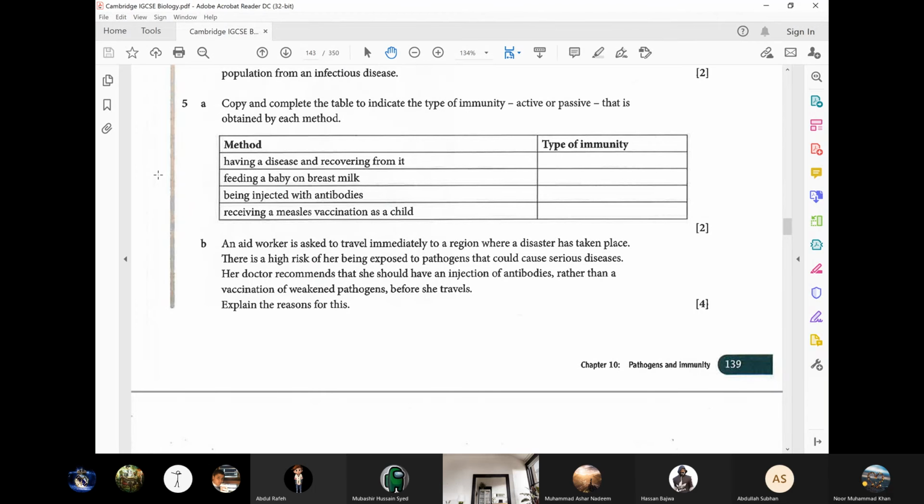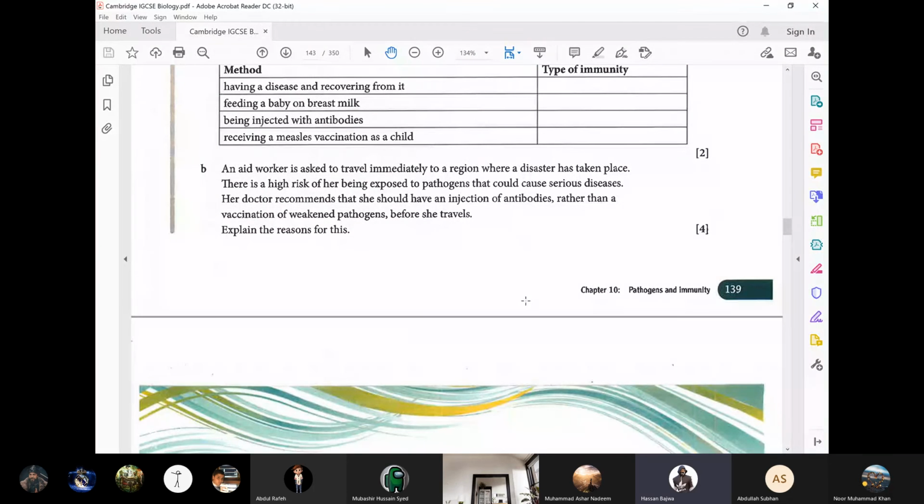Why are they asking for 15 days? Because during that time the antibodies are produced in the body. Understood, everyone? Yes, sir. So that is the concept behind it.